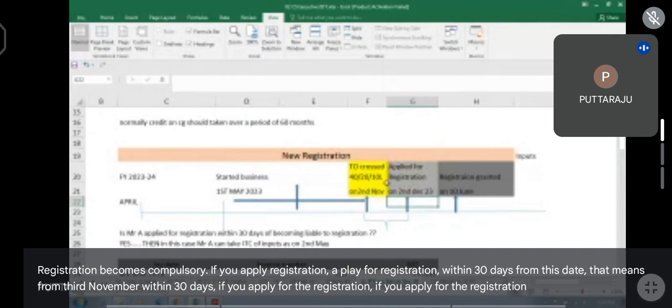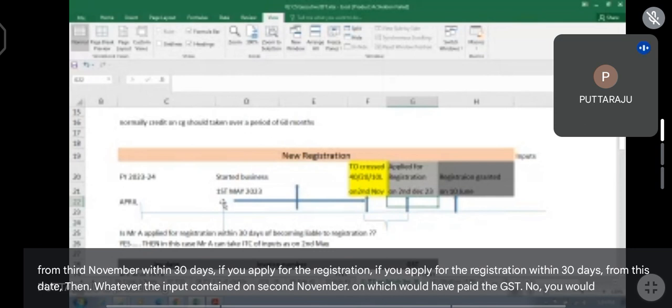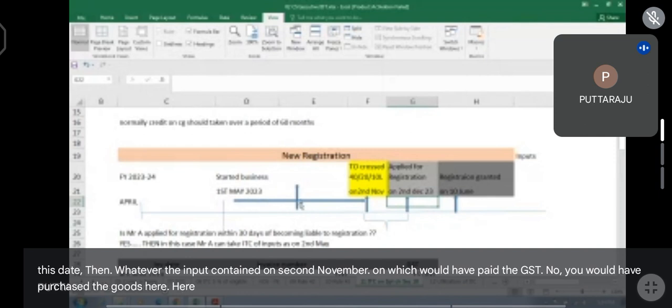then whatever the input contained on 2nd November, on which you would have paid the GST, you would have purchased the goods, everywhere you have purchased the goods on which you paid the GST also, right?